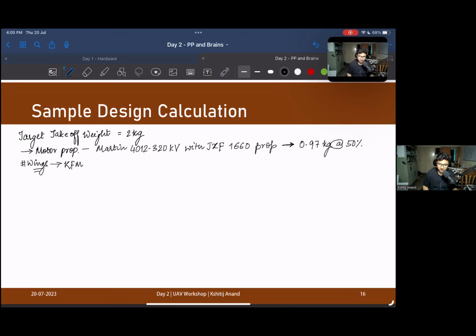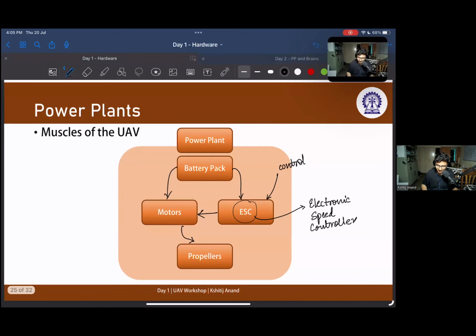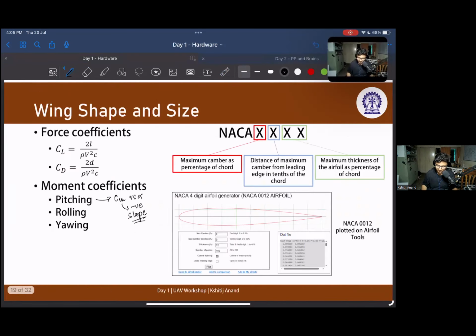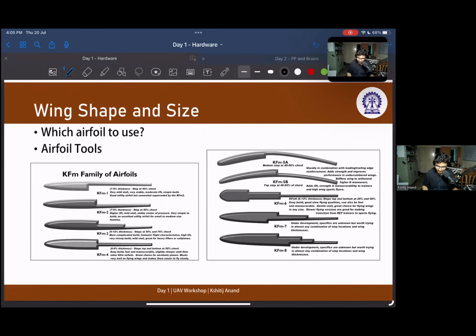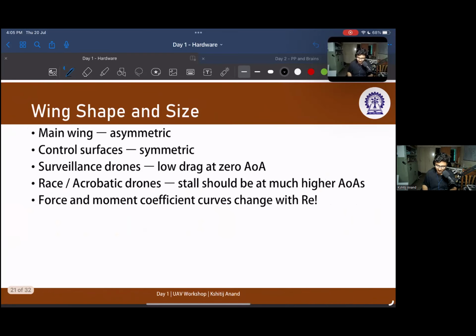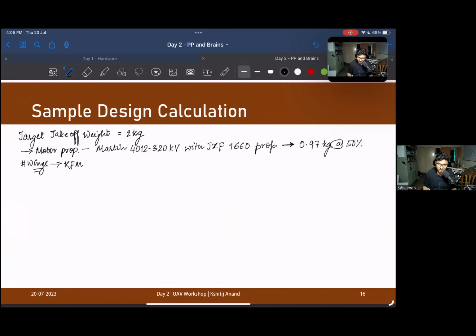Okay, so we choose from the KFM family, and now we can go to the slides that we had yesterday. So now you can see what kind of airfoil you want to use, and I can give you an estimate. So obviously this comes after a lot of reading and referencing.